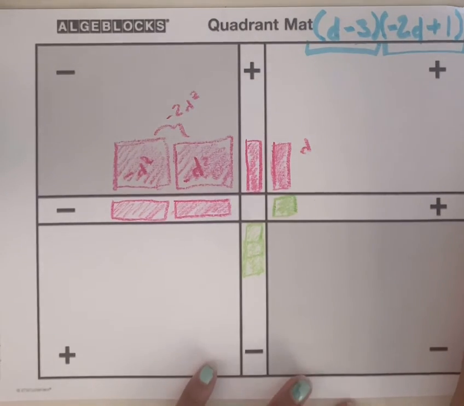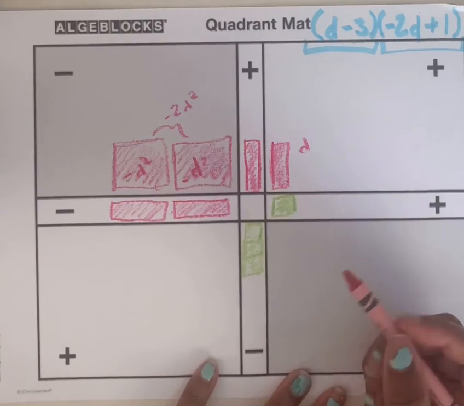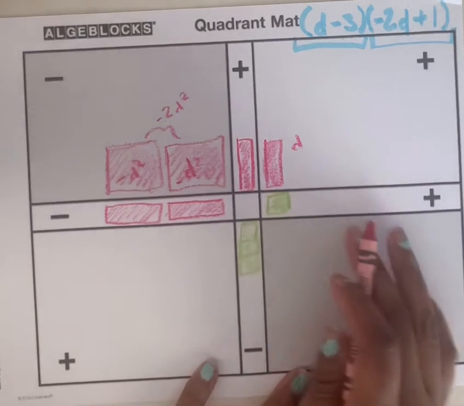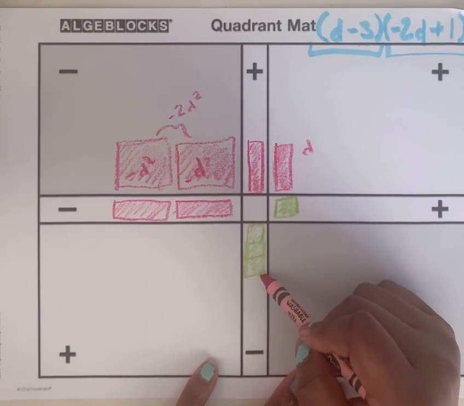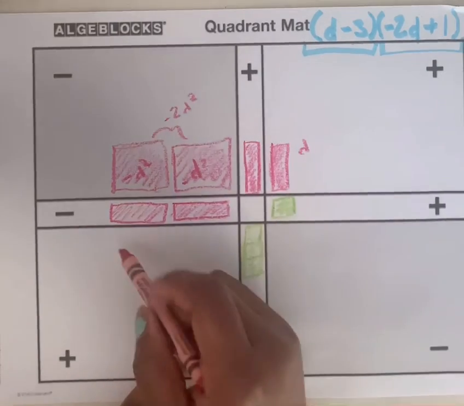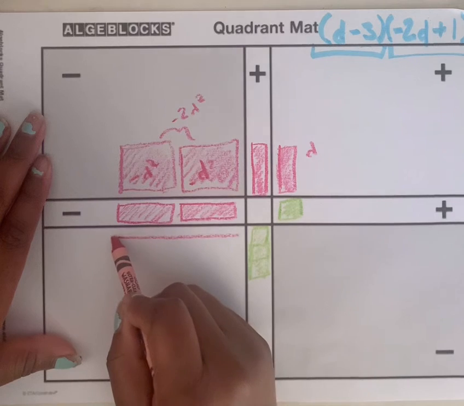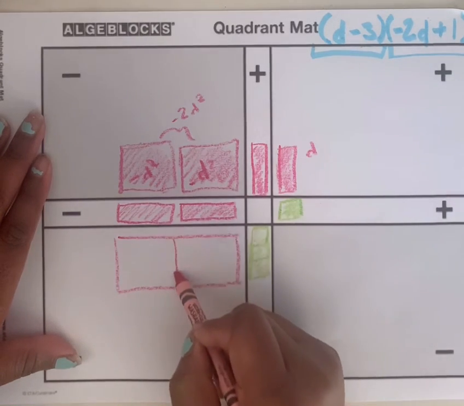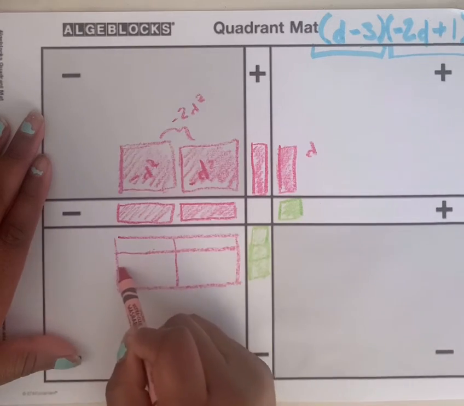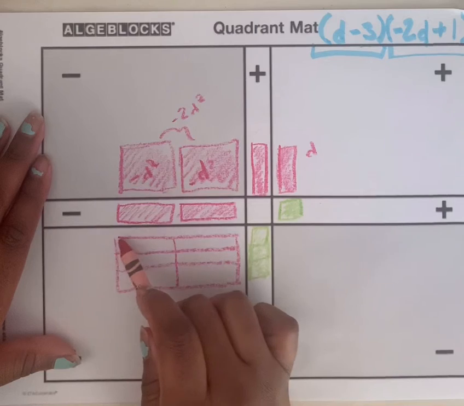Okay, and then we're going to draw here in the third quadrant. So we have 2 D's that are negative, and then we have 3 little squares here that are also negative. So we're just going to draw, okay, so that represents 2 times 3 here.